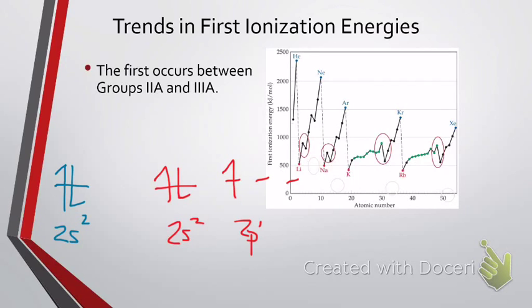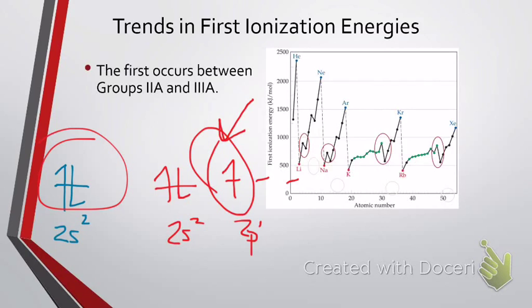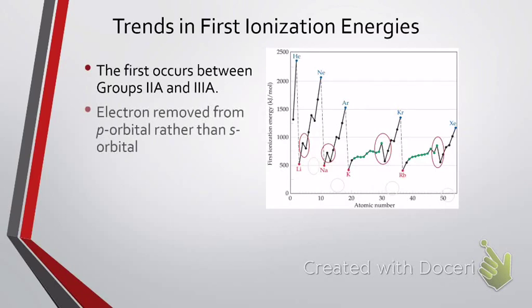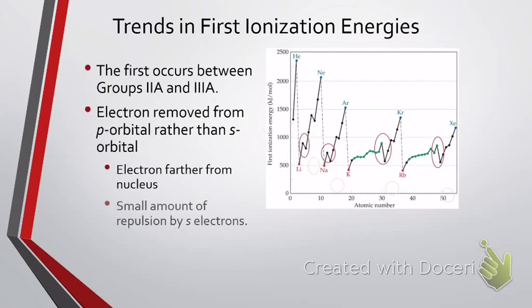That's the reason why, since it doesn't have any other electrons around it, it's actually easier to remove this electron than it is to break up a full s orbital. So the electron removed from the p orbital rather than the s orbital is further from the nucleus, and there's a small amount of repulsion by the s electrons.